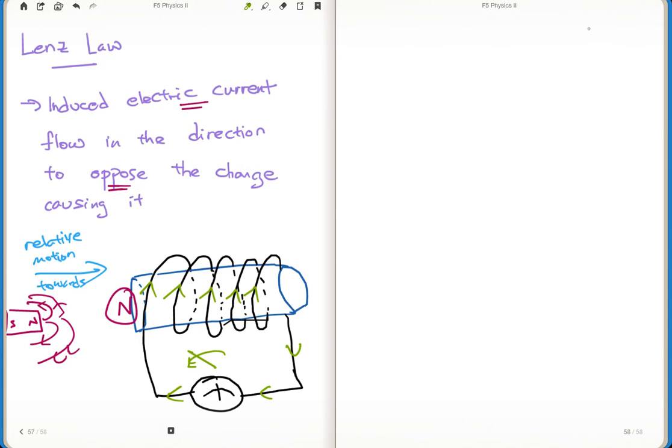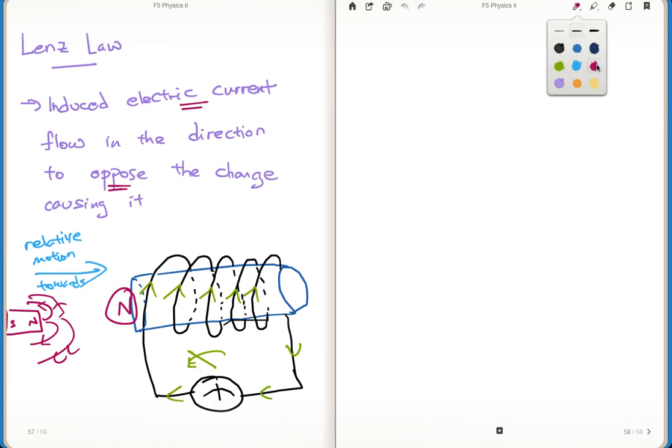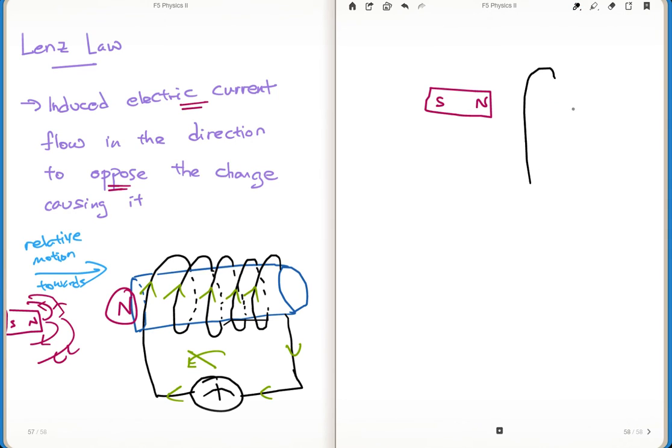Another scenario, when your magnet is now in the middle or nearer to it and moving away.